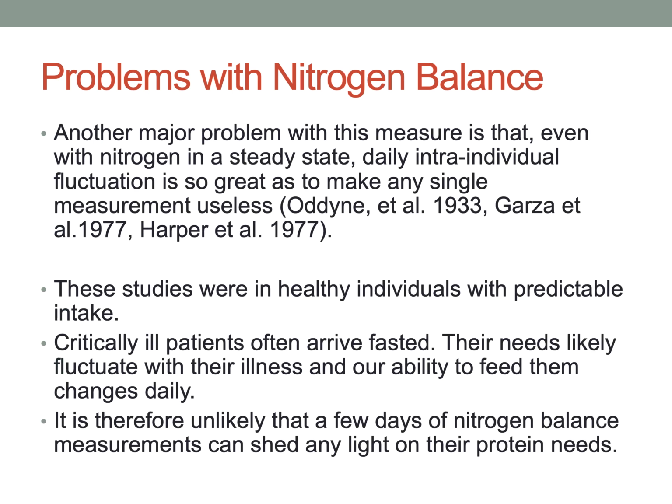Now another major problem with nitrogen balance is that even with nitrogen intake in a steady state, we have daily intra-individual fluctuation. Any one person has a massive fluctuation. And this fluctuation is so large, the standard deviation is so large, as to make any single measurement really useless.